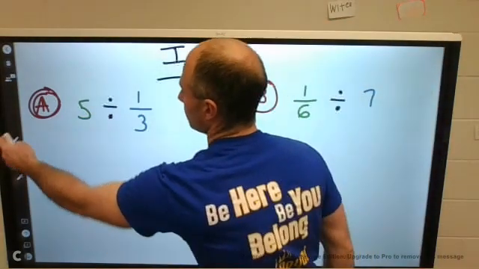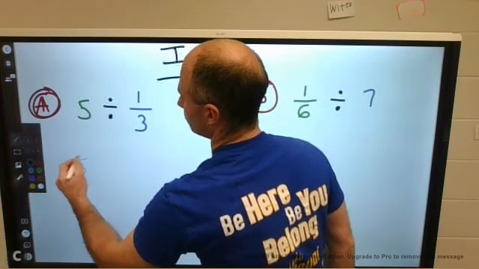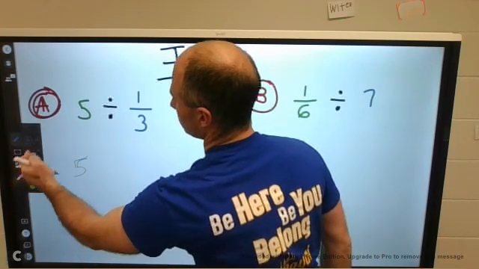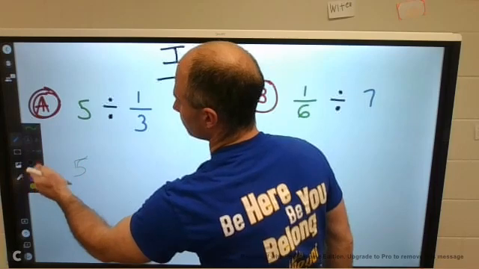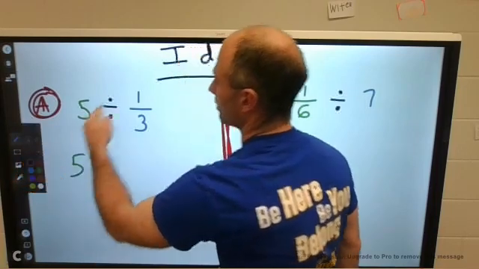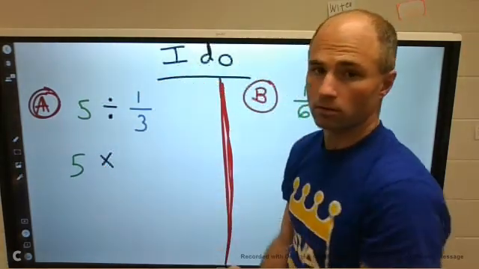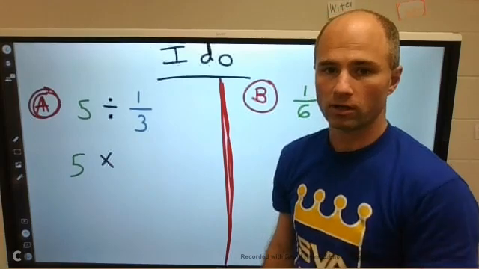That means I'm going to keep the 5, I'm going to change the division into multiplication, and I'm going to flip my 1/3.